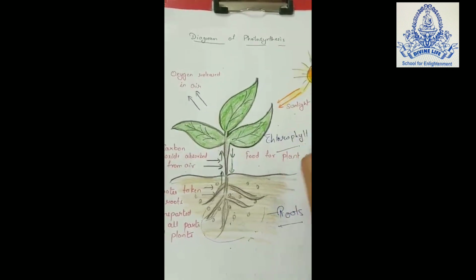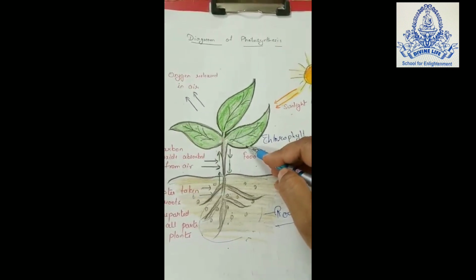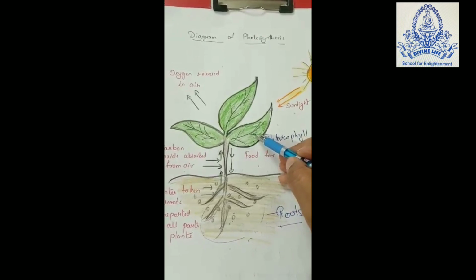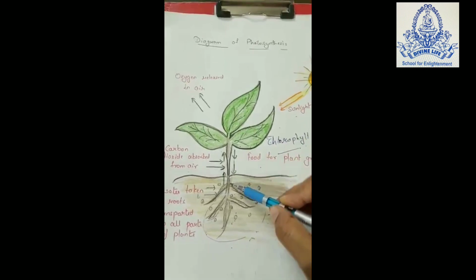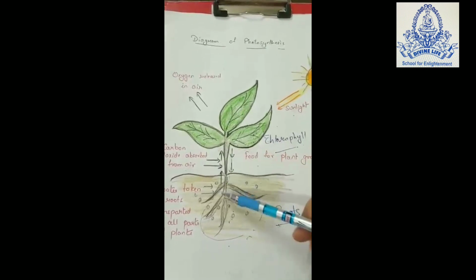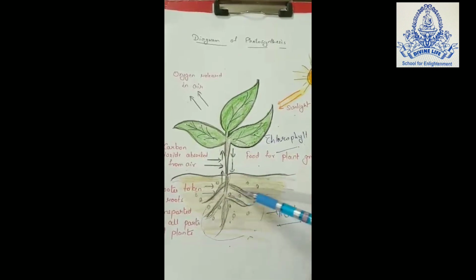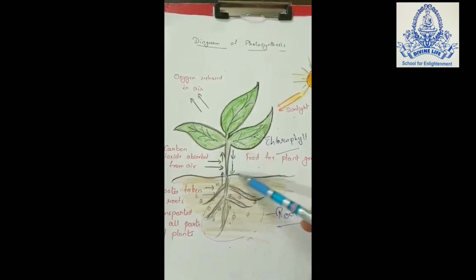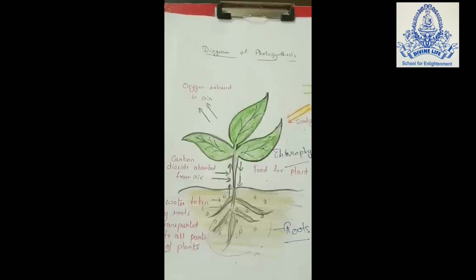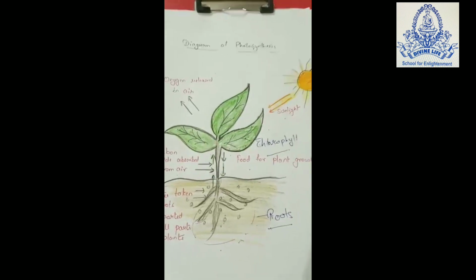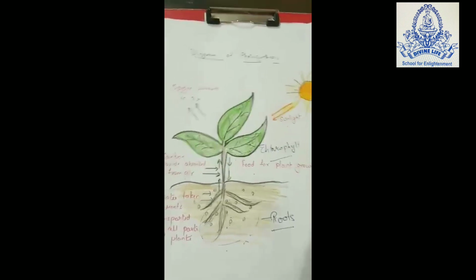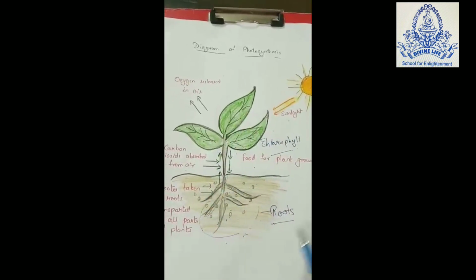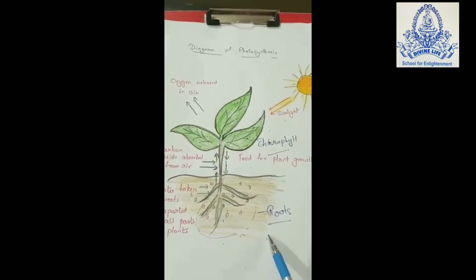With these four things, plants prepare their food. This food prepared by the leaves is transported to all parts of the plant with the help of the stem. This process is known as photosynthesis. Students, you have to draw this diagram as it is, and you have to practice it at your home.